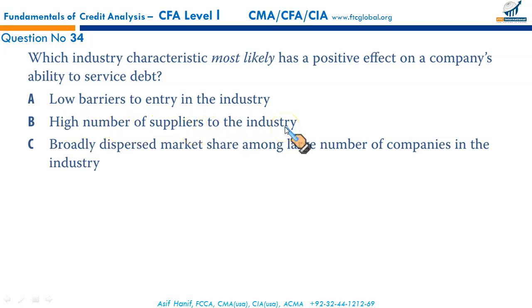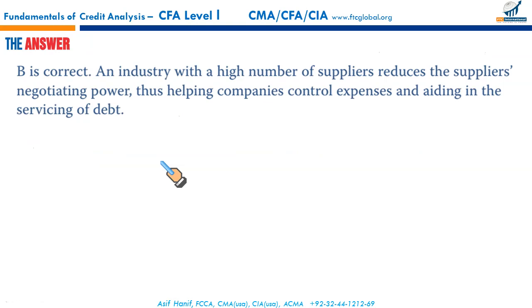That is good for this issuer, because suppliers in this industry do not have the bargaining power, which goes in favor of the company and its ability to make profits and service debt. That's true. B is the right answer. And why not C? Broadly dispersed market share among a large number of companies in the industry. That means rivalry is high, so not a positive effect on the company. So B is our right option.